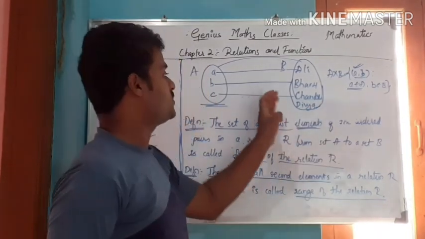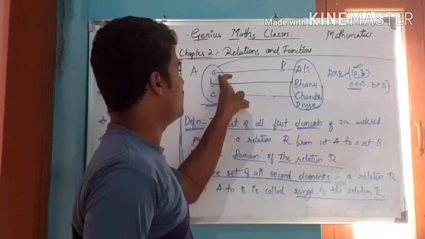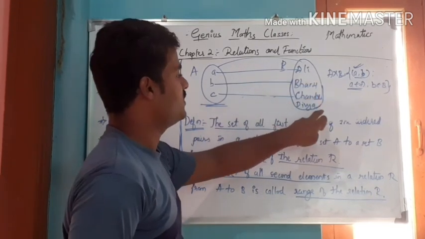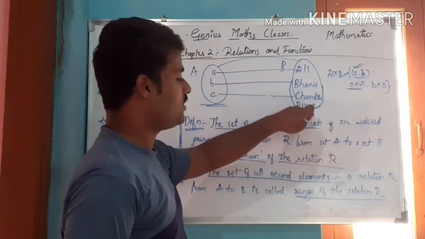So only Ali, Banu, Chandru are the range set, whereas Divya does not belong to the range set.